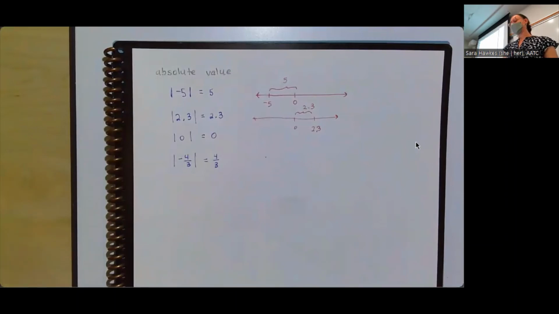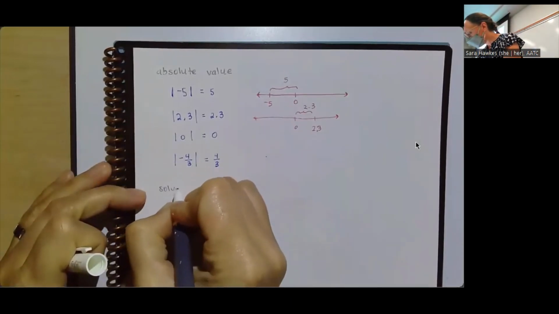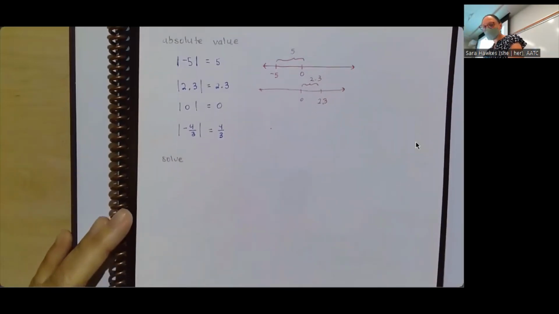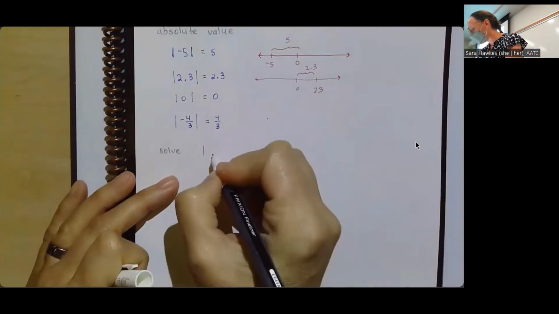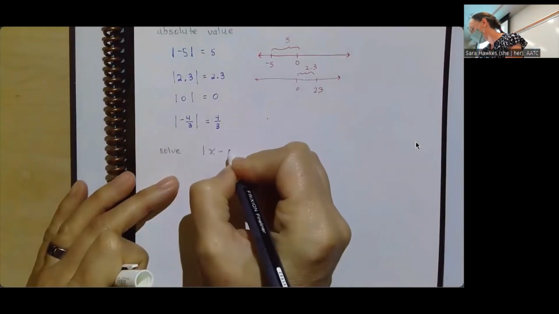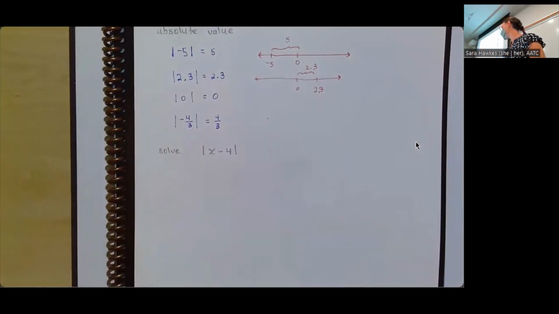Now, one of the reasons that I love to think about absolute value in this way is I actually think it makes the inequalities make more sense. So if I wrote something like the absolute value of, and I'm going to start with an equality and then we'll talk about an inequality in a second.